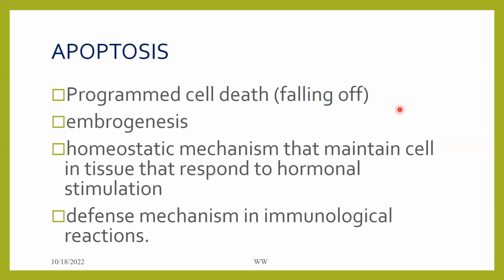Then we have a new concept. This new concept is called apoptosis. And apoptosis is a Greek word that means programmed cell falling off. The cell falls off. But in reality, it is a genetically programmed cell death.